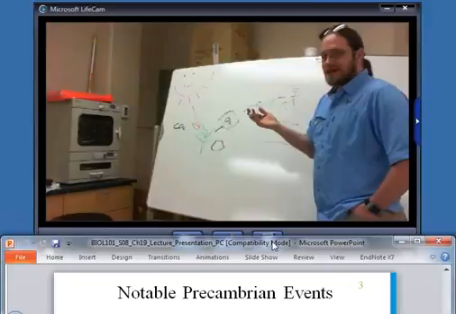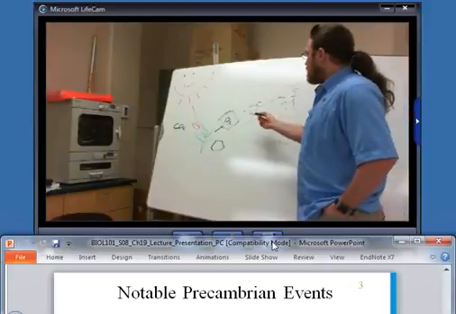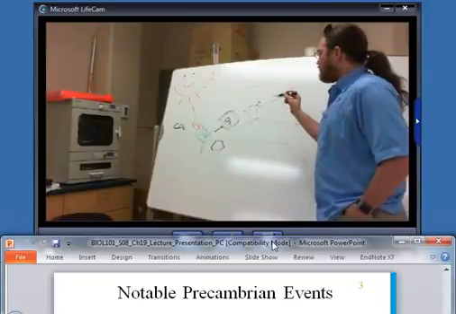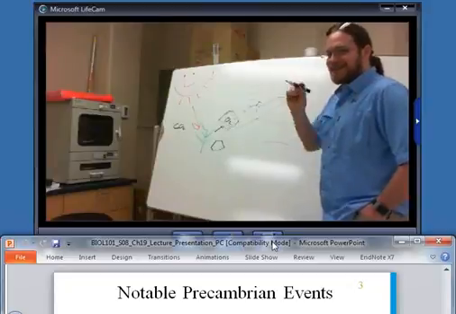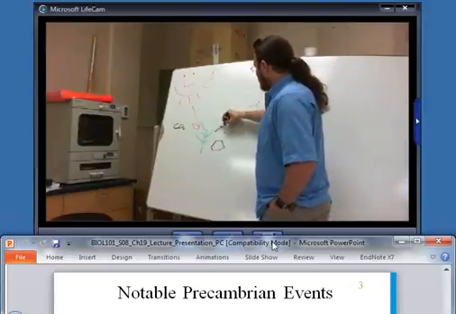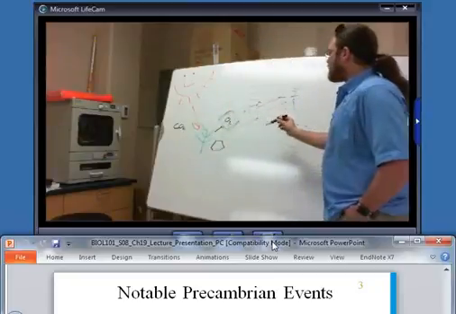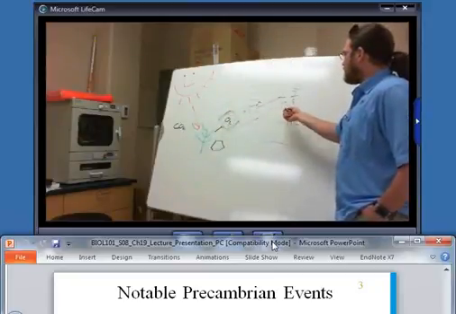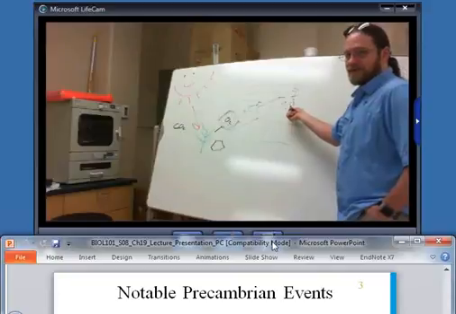And what this means is that in the presence of oxygen, for every bite of food you take, you get 16 times as much energy. And it's this oxygen in the atmosphere that ultimately makes large multicellular organisms like you possible.